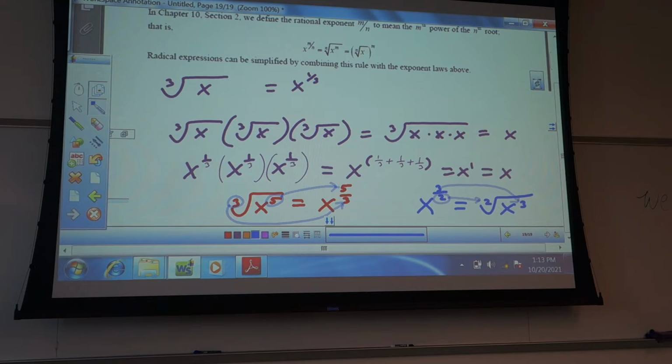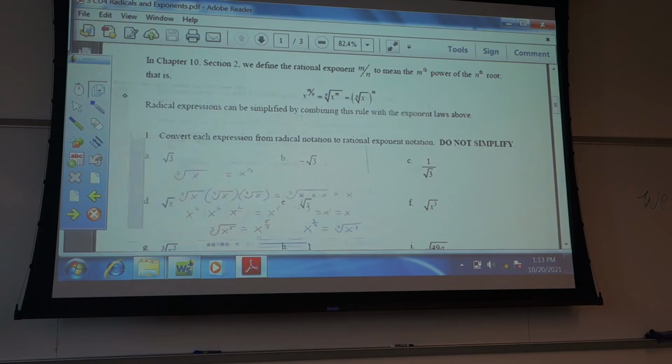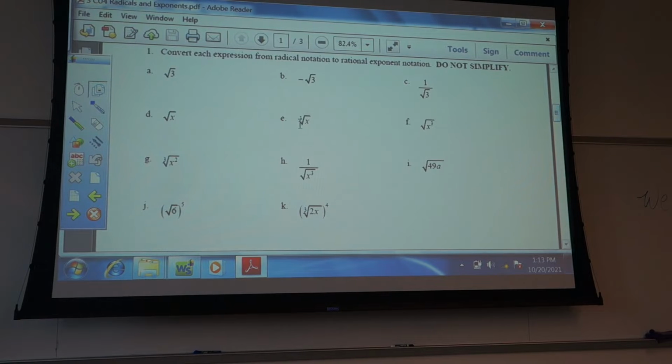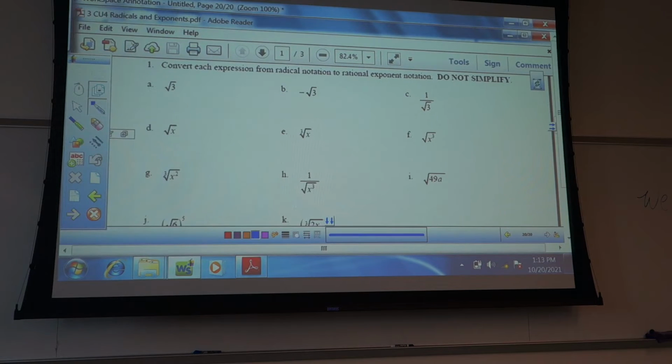Everybody all right with this part? So all this stuff we're doing here is all just practicing rewriting them. We're not simplifying them. Do not simplify. See, it says do not simplify? That means do not simplify. Just rewrite this. This is 3 to the what? 1/2. What's this next one?